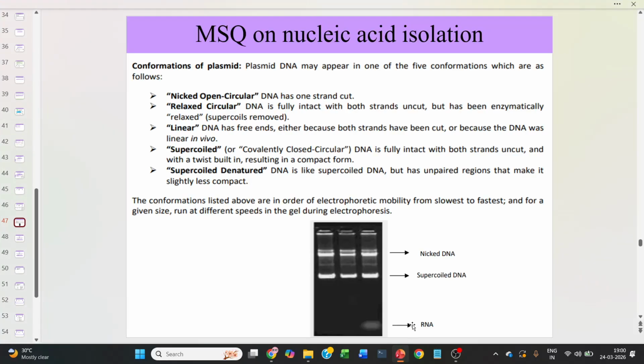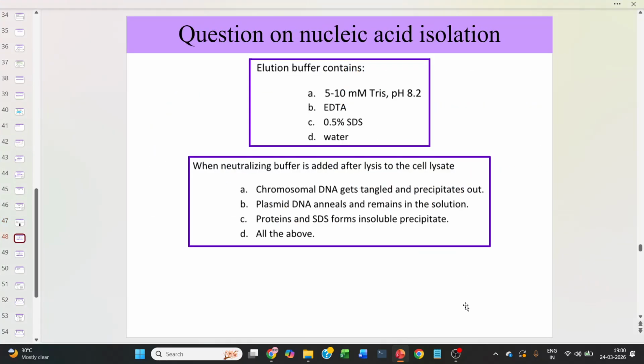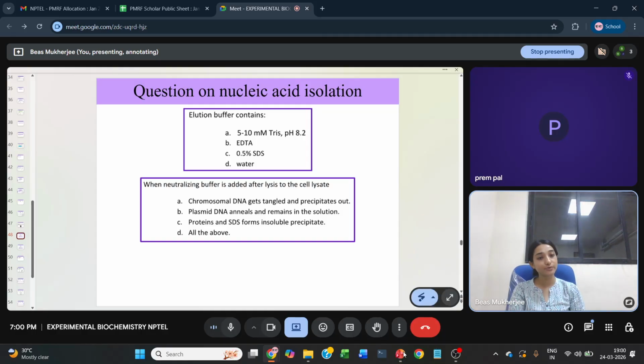We talked about this in one of our previous classes, about the motility of different DNA conformations on gel, so I will not go through it anymore.